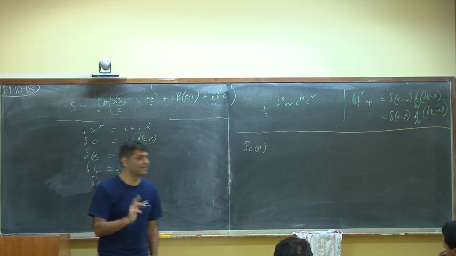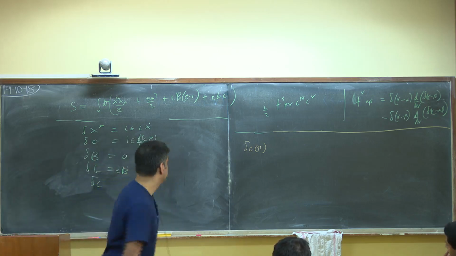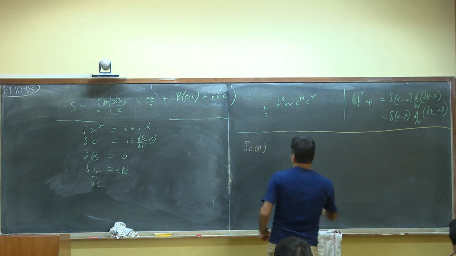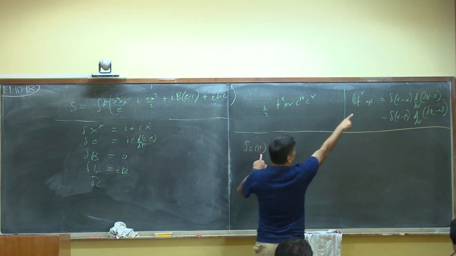Right? c was an infinitesimal gauge transformation parameter. So this is the infinitesimal gauge parameter, so this was the c gamma. So we'll just replace gamma by tau.